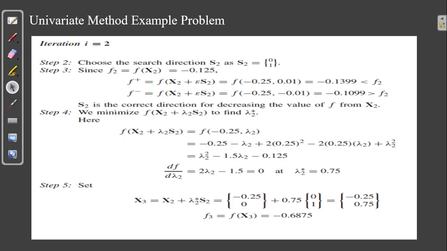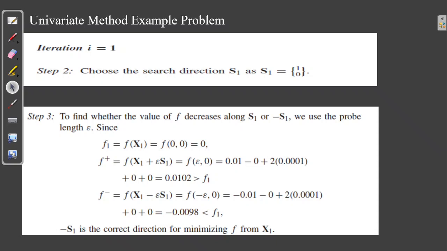This is step 2, and for iteration i equal to 2 we have... but before that we have the first iteration, that means i equal to 1. Then by step 2, we have to choose such a direction s1.